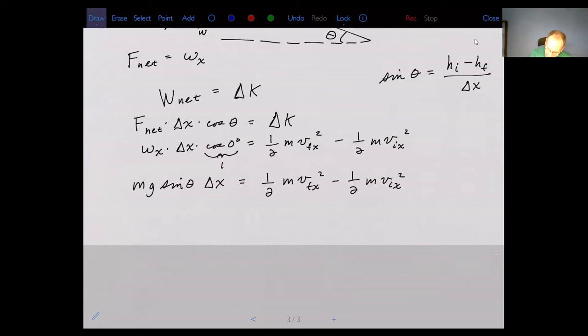So if I substitute this value in for sine theta here, this will be mg times height initial minus height final over delta x, but then I multiply by delta x, and it's again equal to the change in kinetic energy.